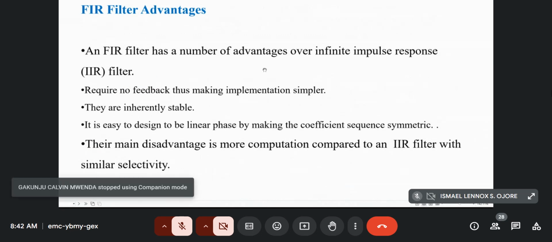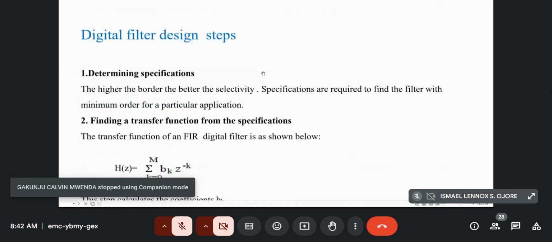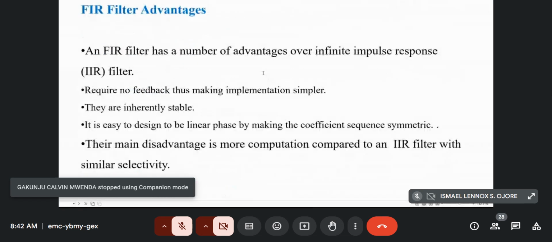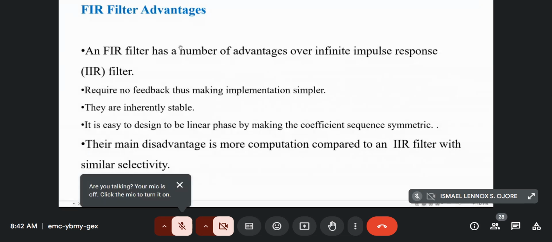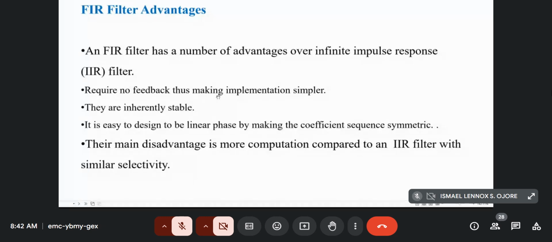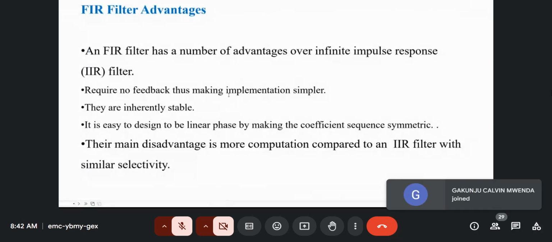FIR advantages. Since we are doing FIR design, we are talking about the advantage of FIR over IIR. It requires no feedback, which makes the implementation simpler.